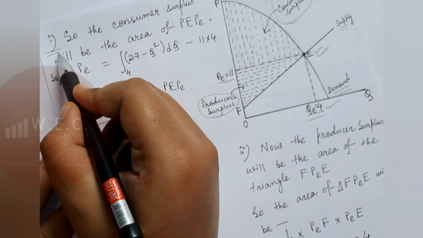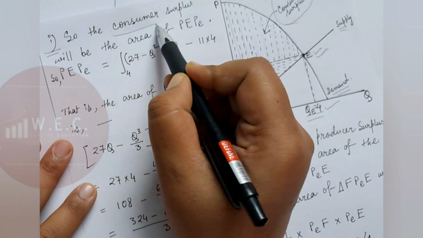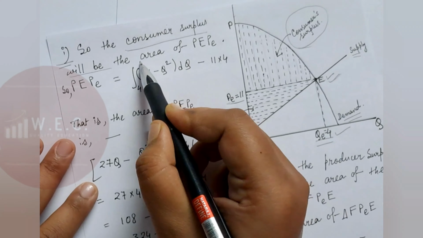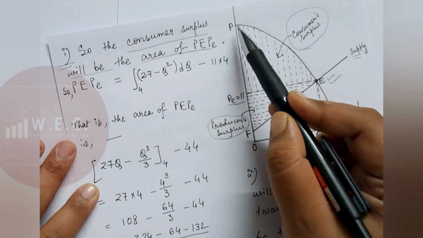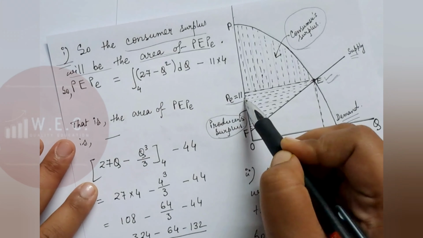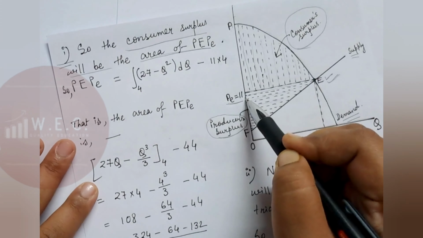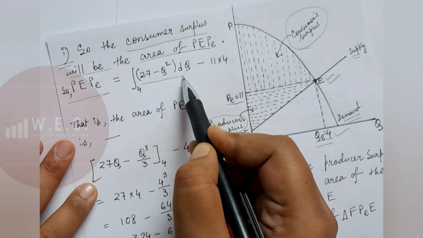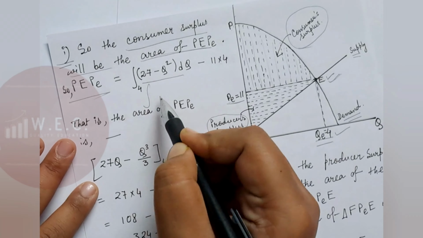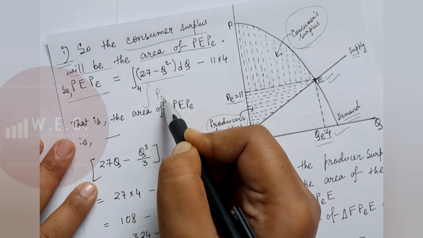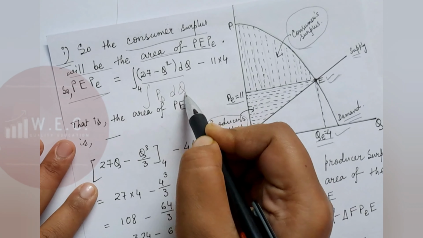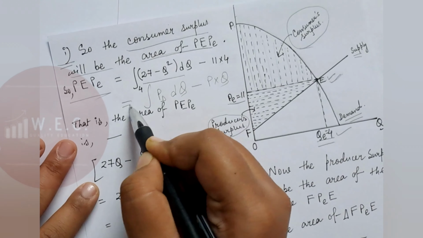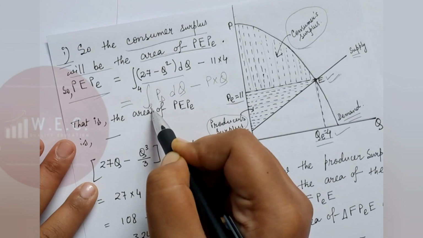So the consumer surplus will be the area of PPE. So it will be the integration of the demand curve minus P into Q. Integration of the demand curve with respect to Q minus P into Q. P equals 11, Q equals 4.